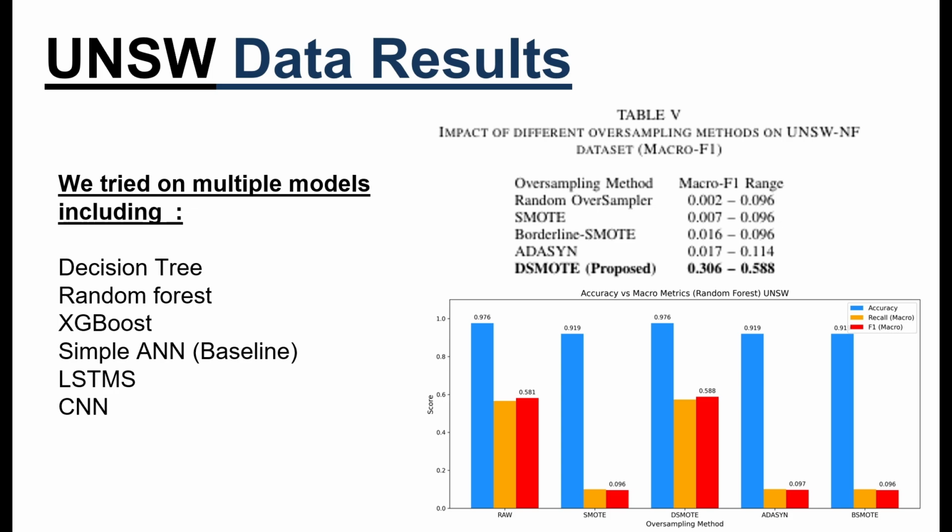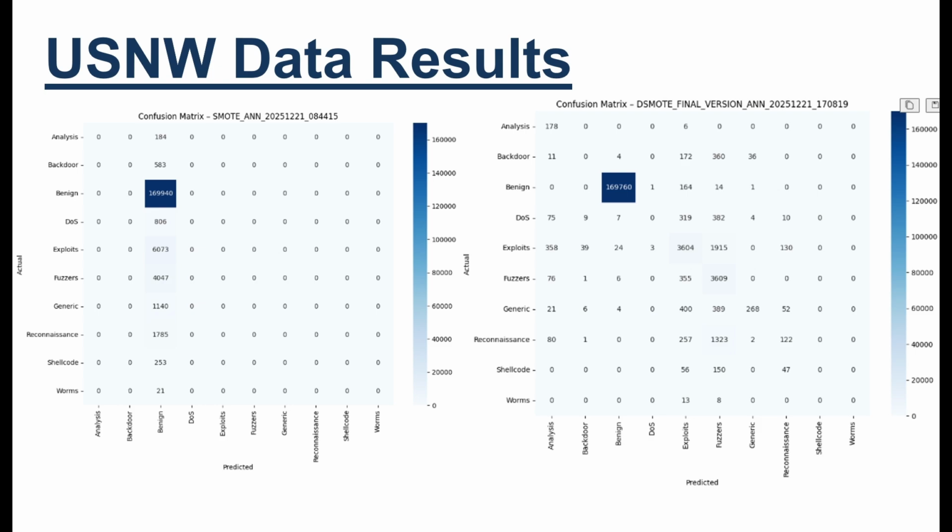Looking at the results on the New South Wales dataset, we can clearly see that DSmote consistently outperforms the baseline and other oversampling methods in terms of macro F1 score, balanced accuracy, and G-mean, especially for the minority attack classes that were previously being ignored by the models. These charts further confirm the performance improvement. The gains are particularly notable for rare attack categories, which is exactly what we set out to improve.